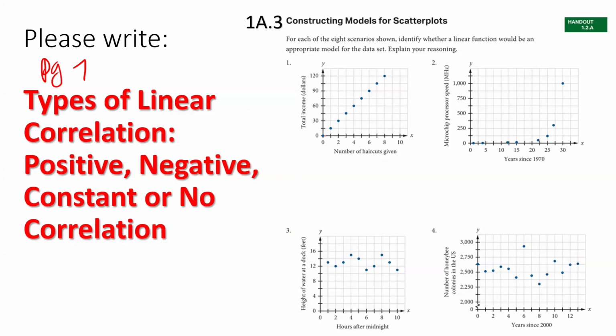As I look at these points, I'm asking myself, does this look like a linear relationship? And I can draw a linear line tracing out that linear relation. So when I look, I'm like, oh, this is pretty linear. Like a line would be a great model for this. I notice that it's increasing from left to right, which means that this is a positive linear model. Does that make sense?